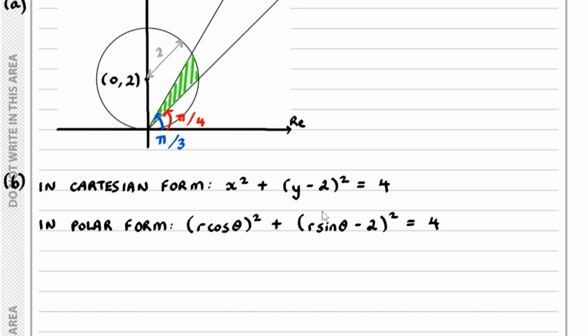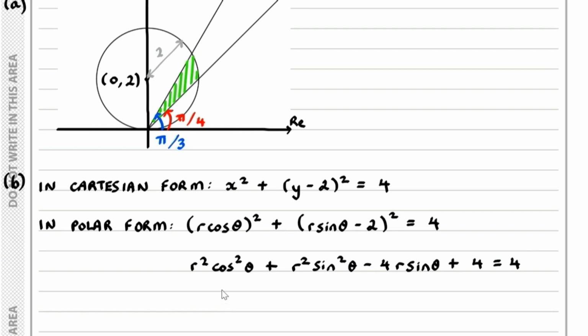This is equal to 4. R squared cos squared theta plus r squared sin squared theta minus 4r sin theta plus 4 equals 4.